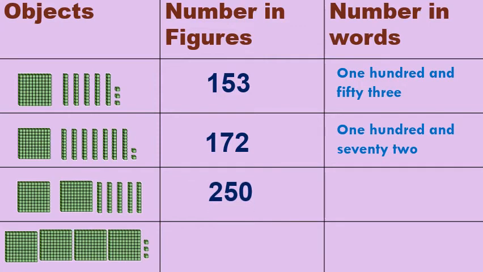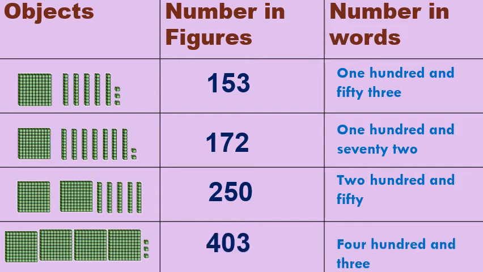So it is 250. In the last one, there are 4 bundles and 3 units. That is 403. Yes, dear children, again we have completed our second table.